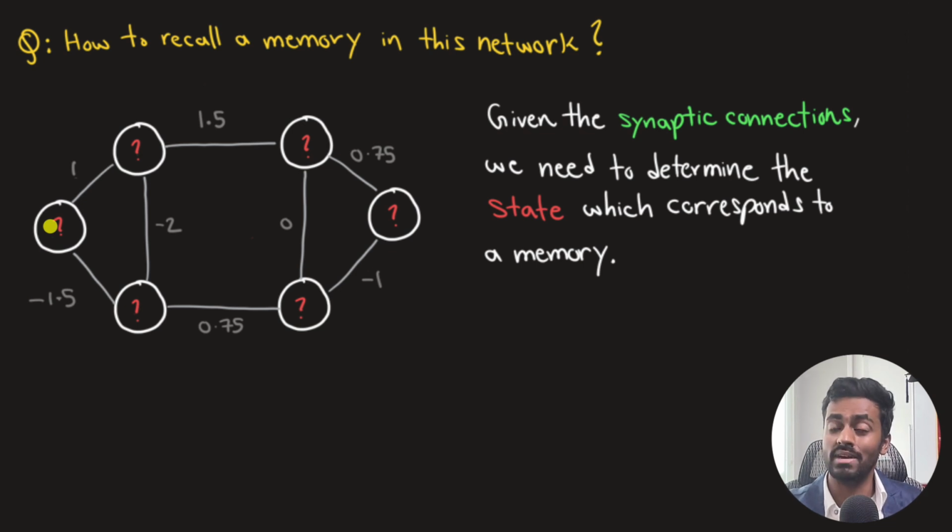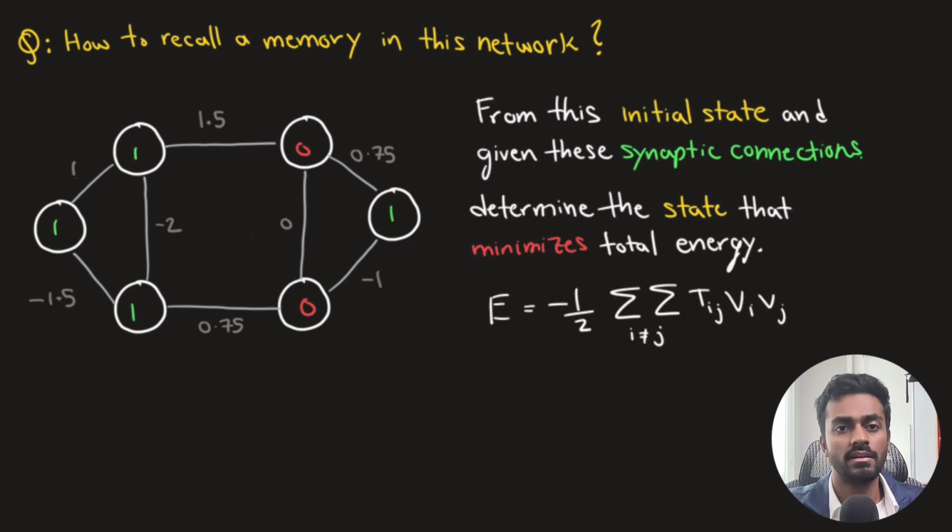And we want to see if we can recall that memory, given that we are now using the same synaptic connections that should have absorbed that information. So this here now is the initial state, where it's not quite right compared to the actual 1, 1, 1, 0, 0, 1, but let's see if we can get to that state eventually.